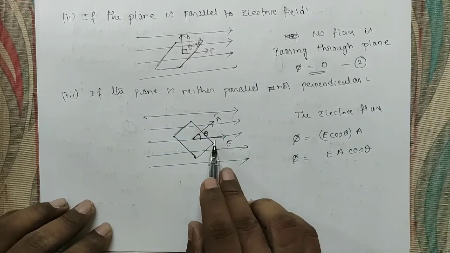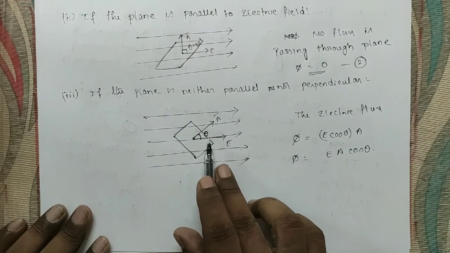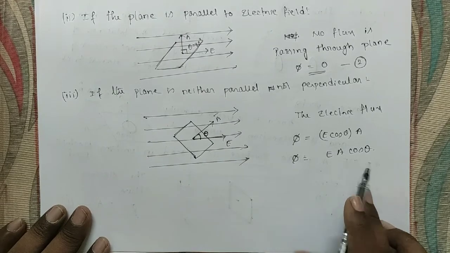If the angle between the electric field intensity and the area vector is theta, the flux is EA cos theta.